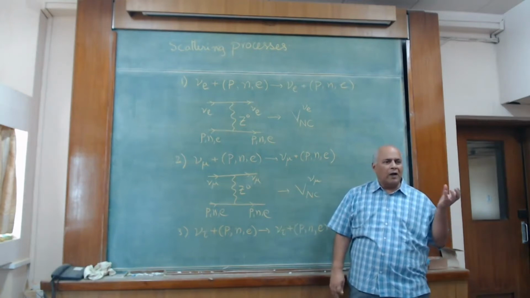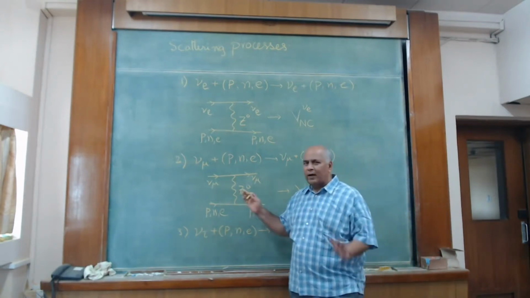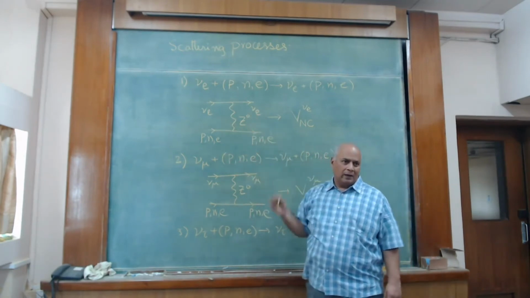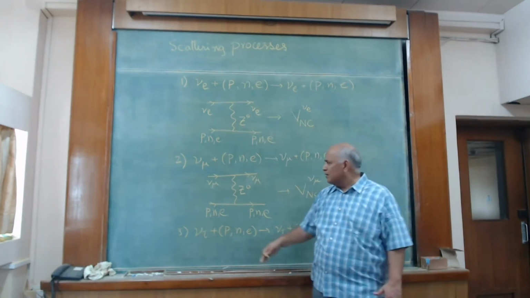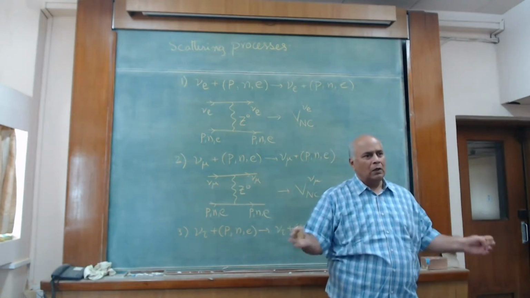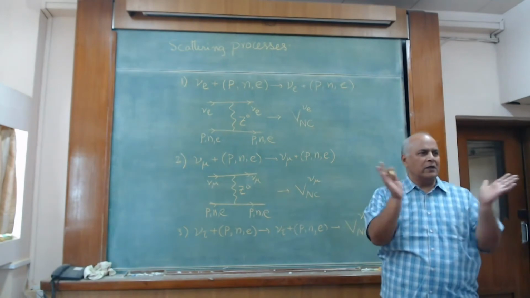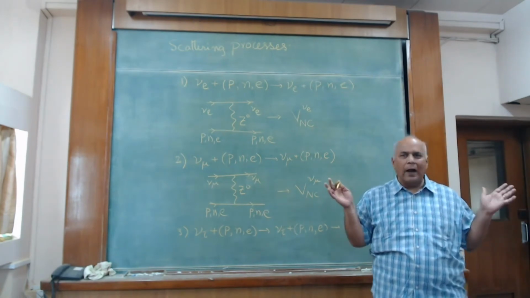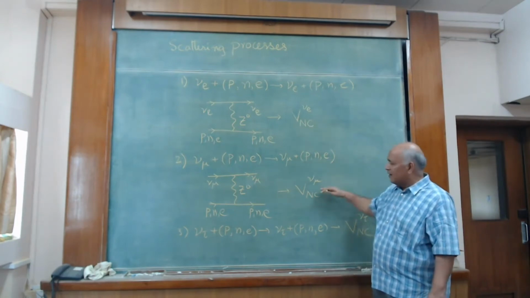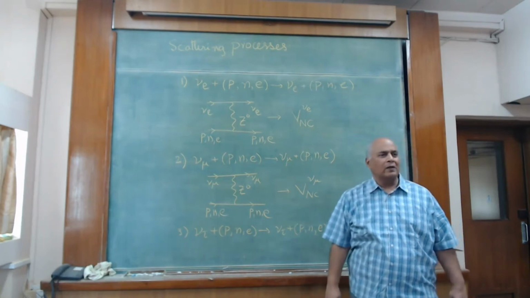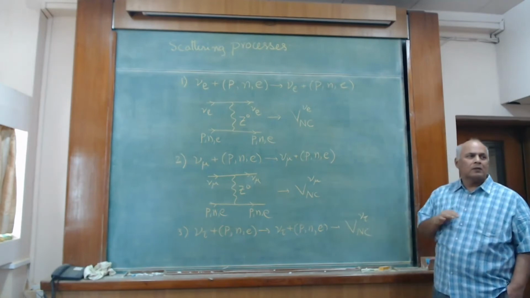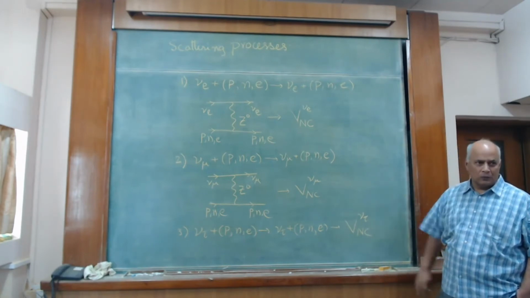So if I am writing an effective interaction potential between nu e and matter and a similar effective interaction potential between nu mu and matter, this effective interaction potential depends purely on the couplings, and so the neutral current potential for nu e is exactly same as the neutral current potential for nu mu, which is exactly same as the neutral current potential for nu tau.